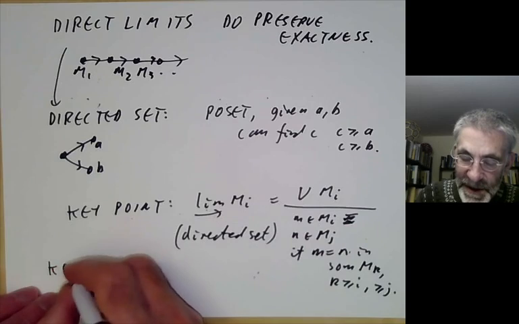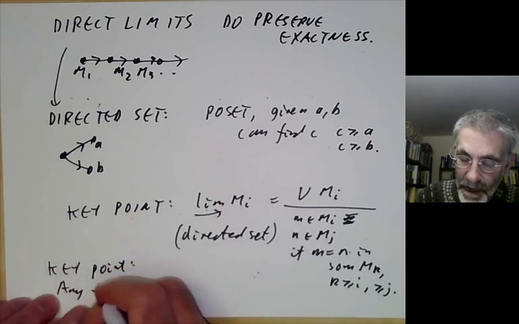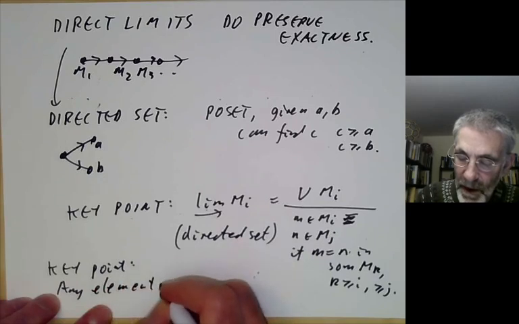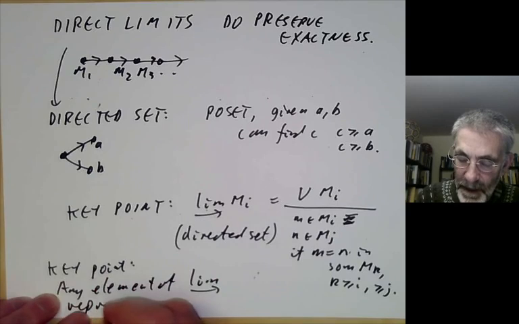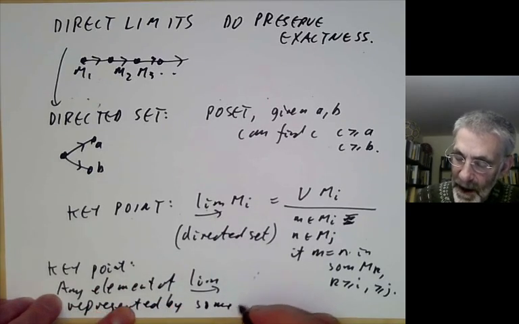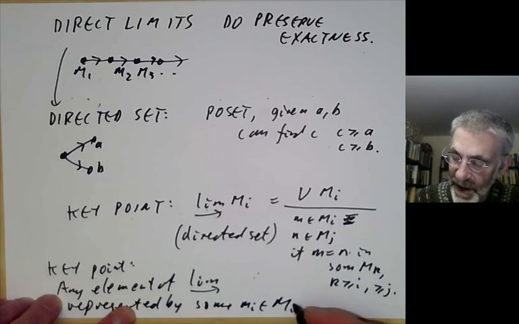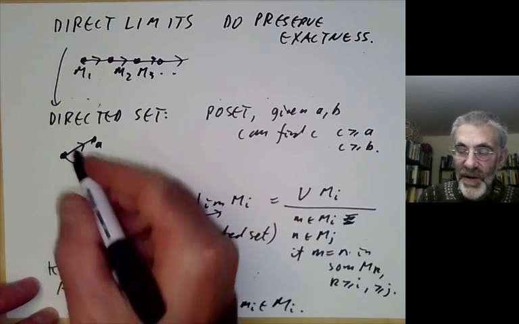The key point is that any element of the direct limit is represented by some element m in some big Mi. Notice that this fails for the colimit of these modules here.